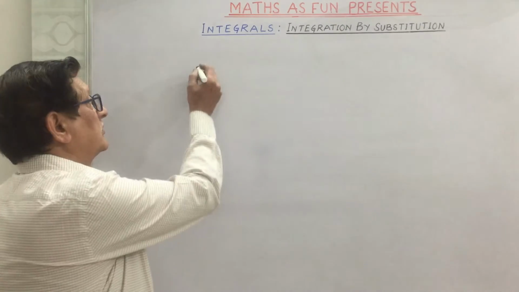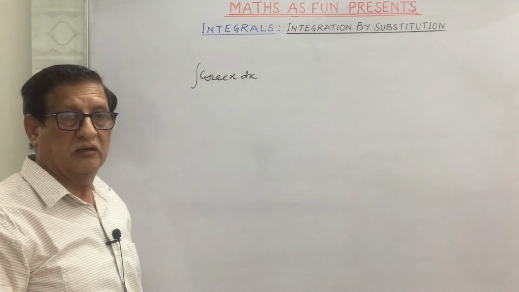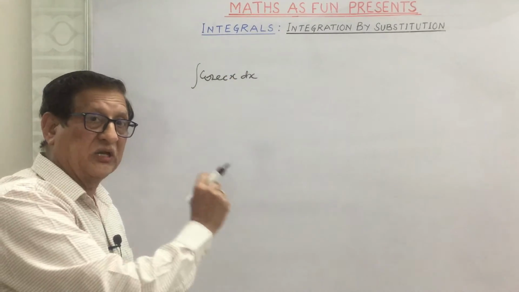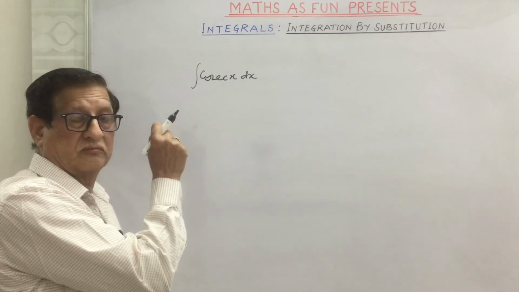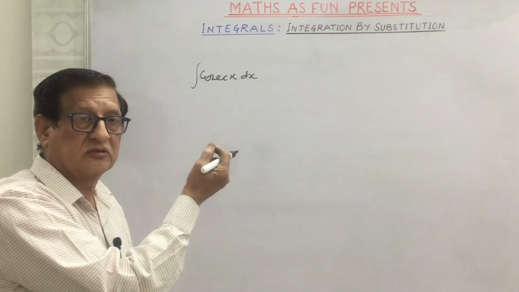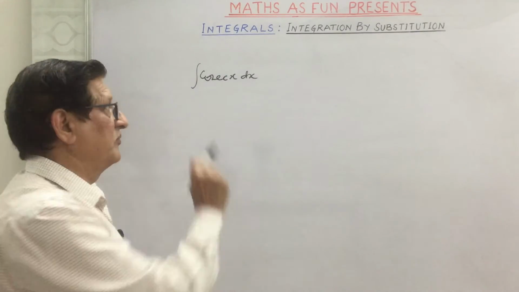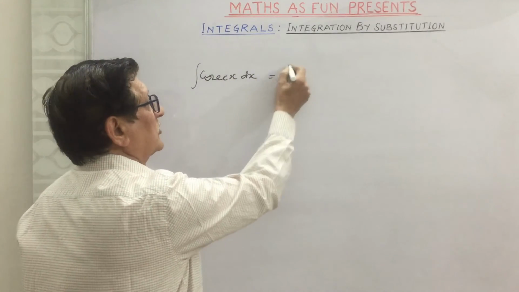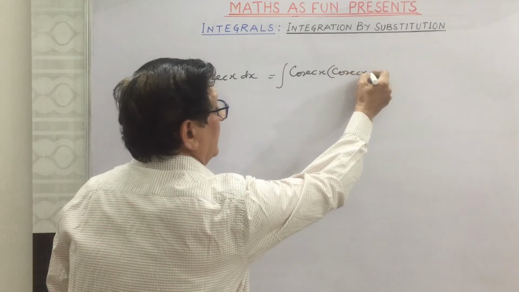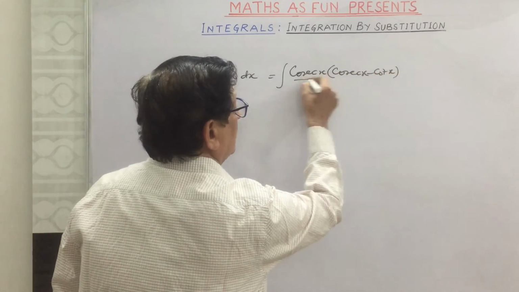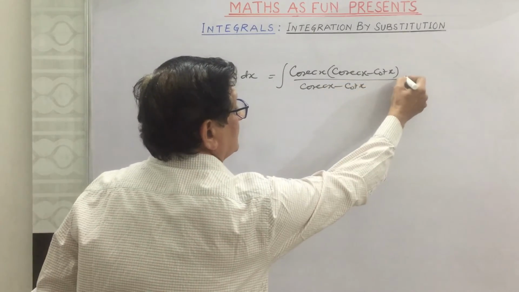To find the integral of cosec x, we have to multiply and divide this also by a function that may be cosec x minus cot x or cosec x plus cot x. If we multiply by cosec x minus cot x, we get here cosec x into cosec x minus cot x upon cosec x minus cot x.